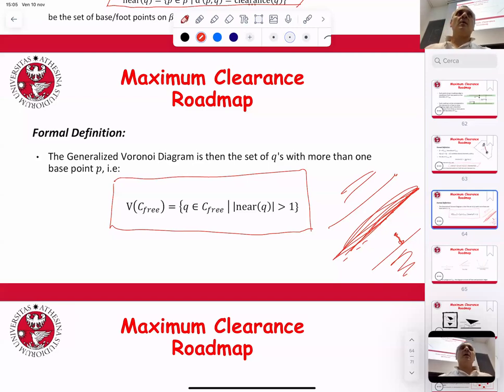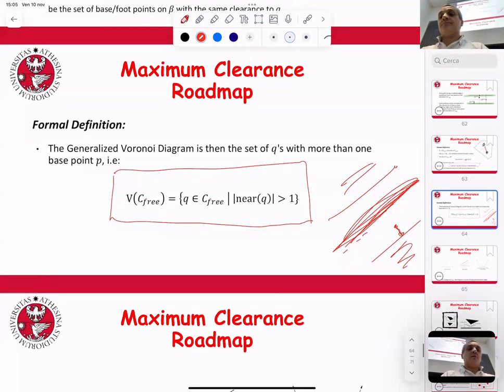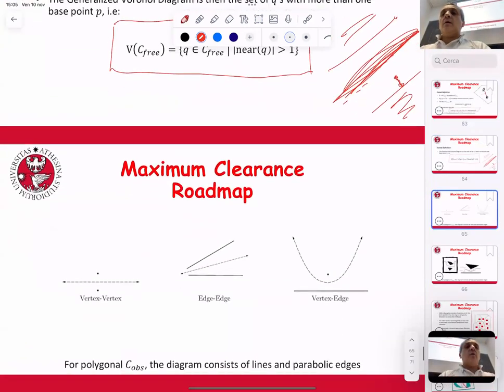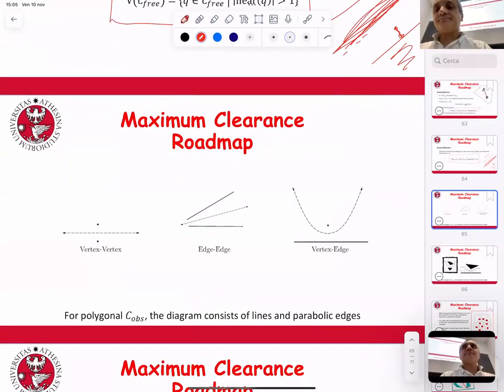Okay. And this is an exact definition of the Voronoi diagram. Okay, now we have essentially 2 conditions.